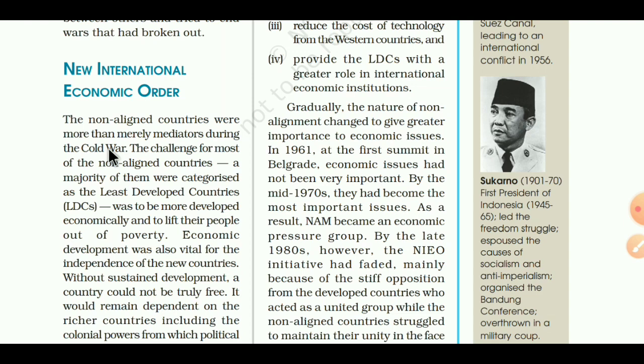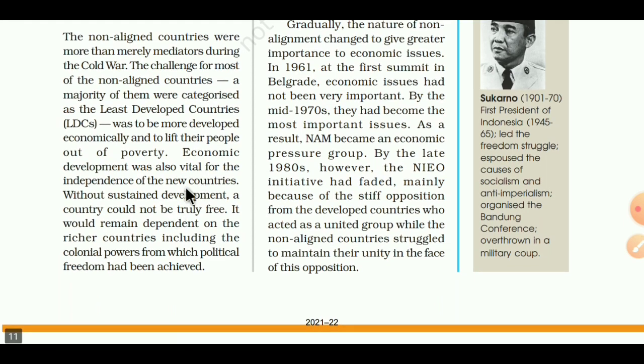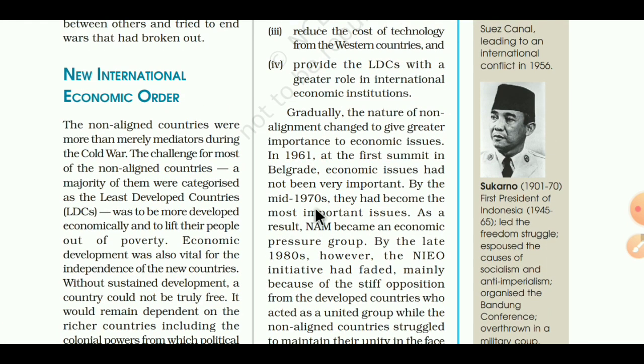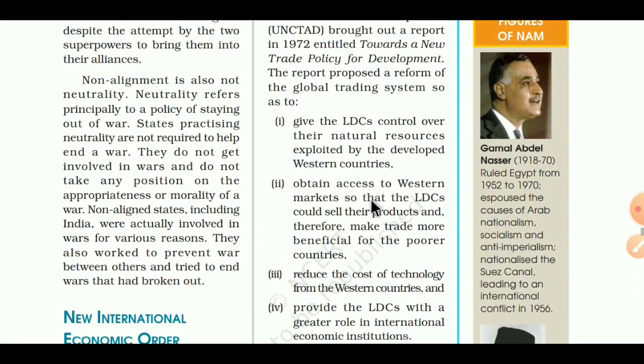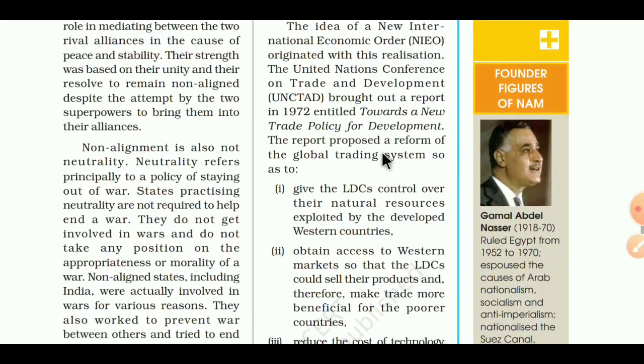At the time of the Cold War, before 1991, these non-aligned countries played a very crucial role as mediators to cool down the war, and that is the non-alignment movement. Non-aligned countries did not support either bloc. Non-aligned movement countries used their own different foreign policies.